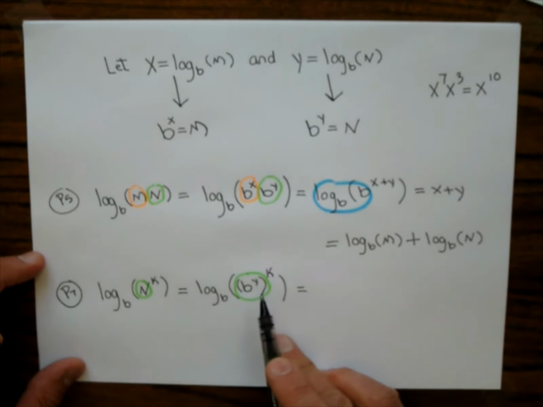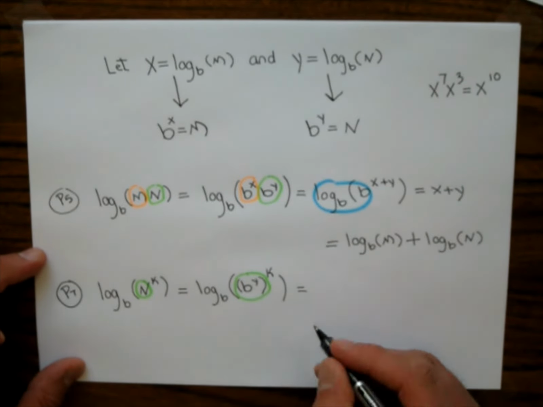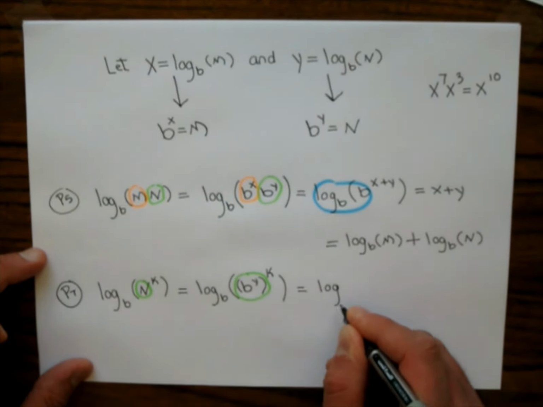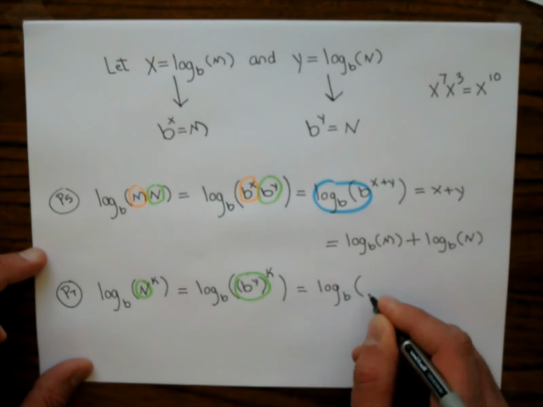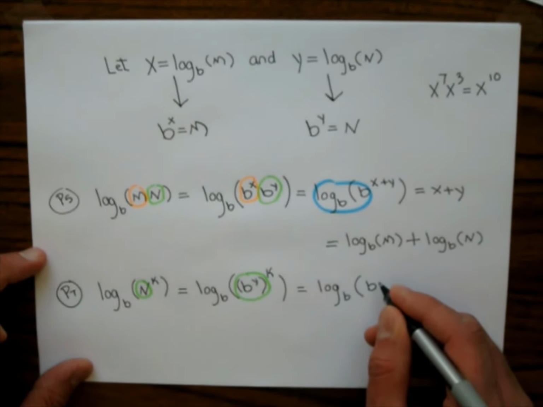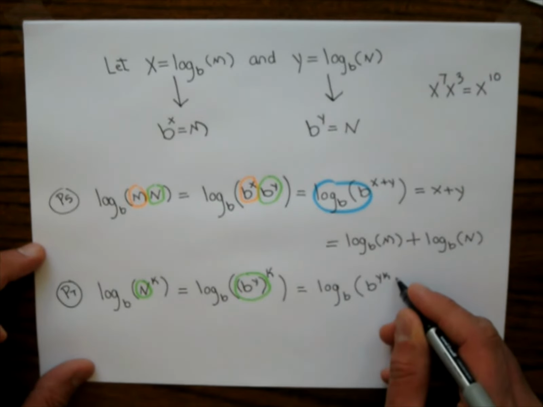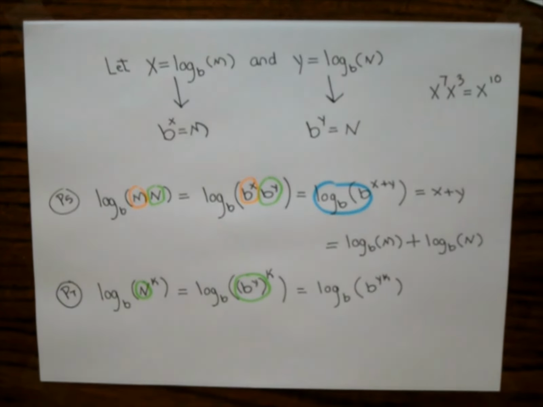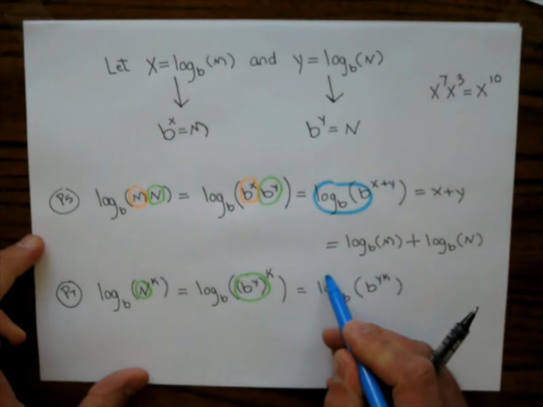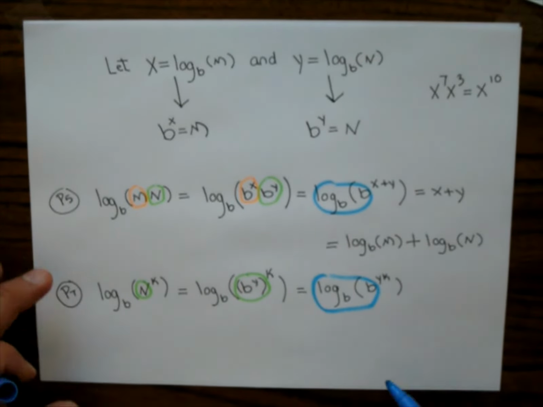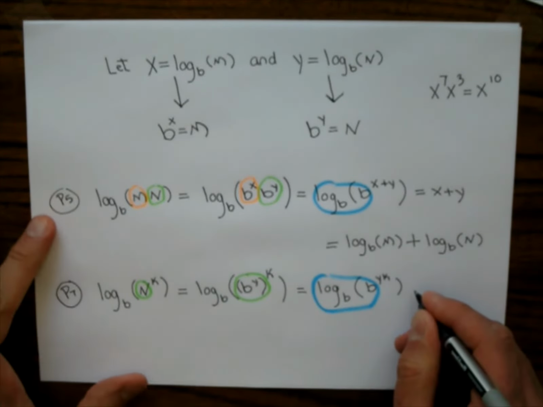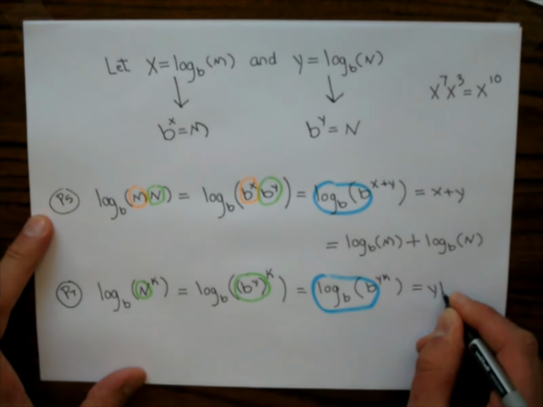Okay, so when you have a power to a power, you multiply: log base b of b raised to the, better be careful here, y times k. Right here we do the same thing where that thing goes pop, and you have y times k.